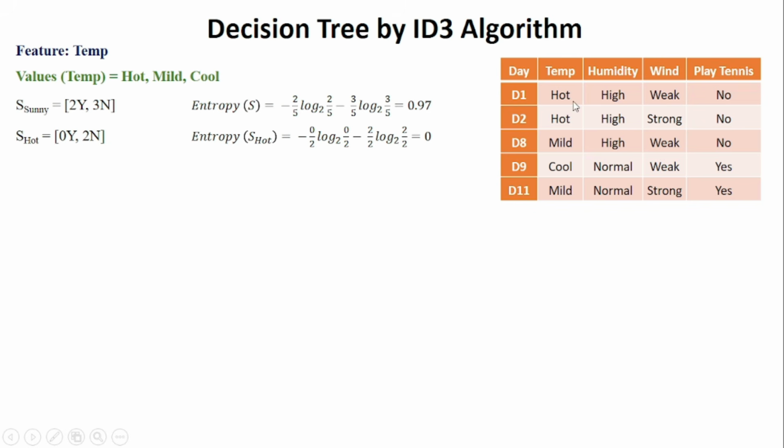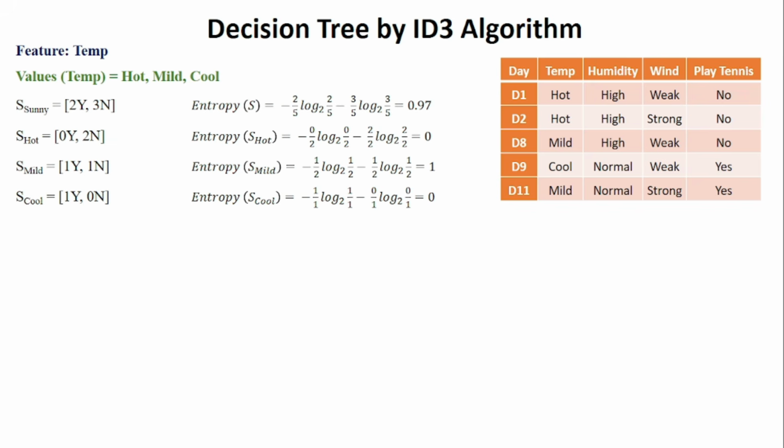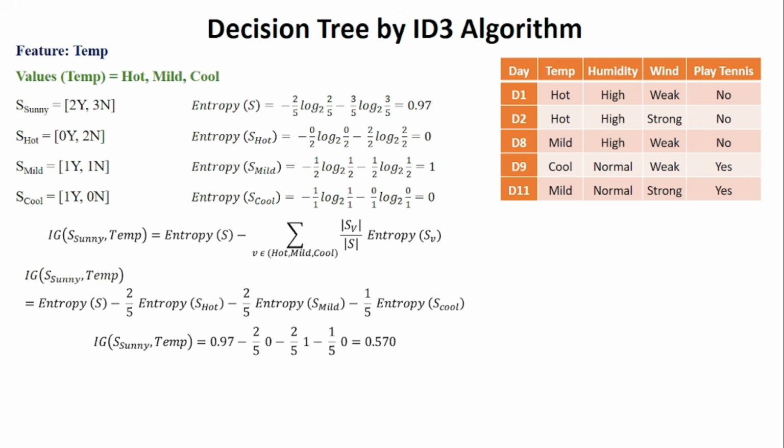In hot you don't have yes, we have only no, 2 no's, so 0 yes and 2 no. So entropy of S hot is equal to 0, entropy of S mild is equal to 1, and entropy of S cool is equal to 0. Now we are going to calculate the information gain of S sunny given temperature, which is equal to 0.570.